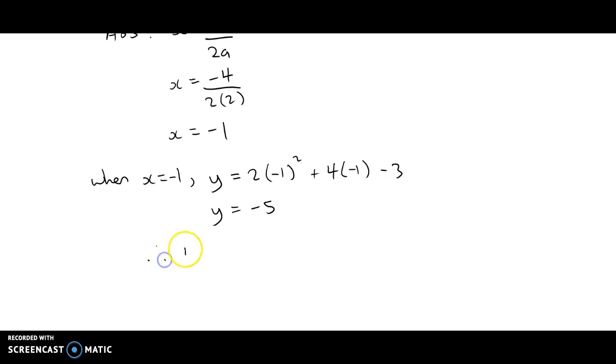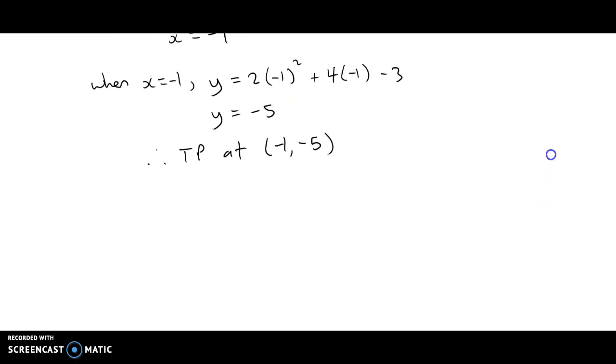So therefore, turning point is at minus 1, minus 5. So just to explain that again, what I've done here is I've just subbed in x equals minus 1 into our original rule to find the y-coordinate of the turning point.